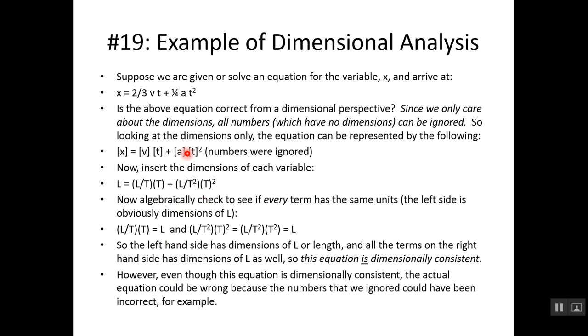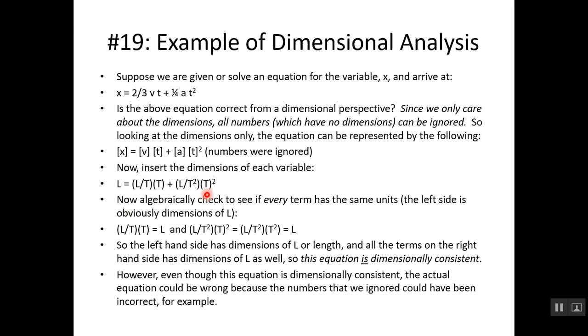And then t, but you've got to be careful because it's t squared, so you have to square the dimensions of t. So it's T squared. Then what you want to do is simplify every single expression on both sides, the left and the right-hand side. There's nothing we have to simplify on the left-hand side, it's just L. But everything that isn't simplified, you want to simplify and see what you get. So L divided by T times T is what? It's L, right? That's what I wrote here. What's L divided by T squared times T squared?